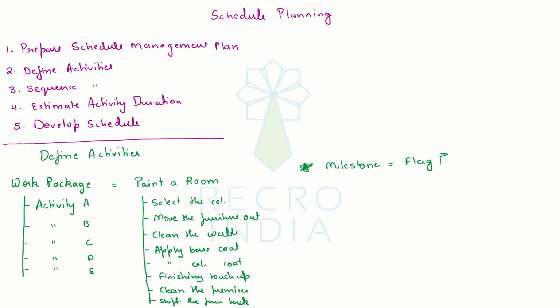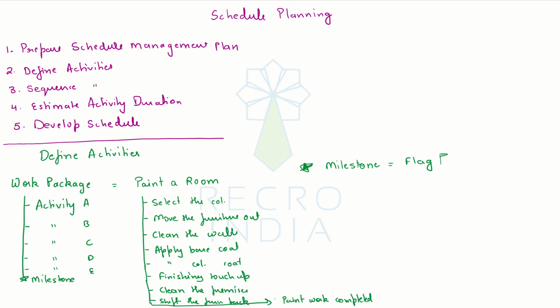Now, understand that I can place a milestone here, say for example, and in this case, I can put a milestone here that paint work completed.